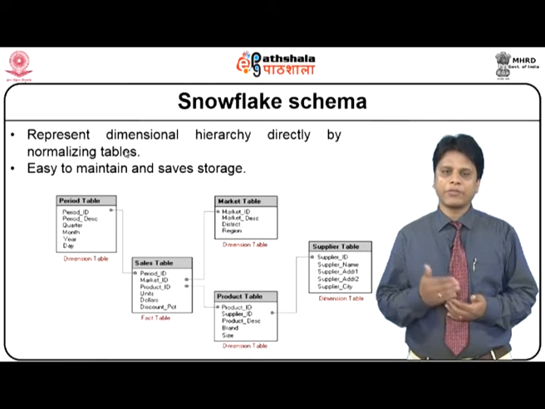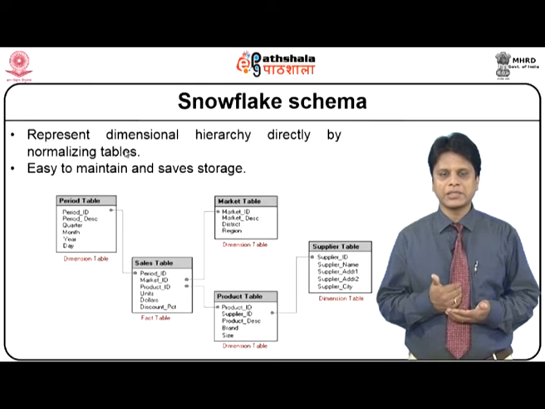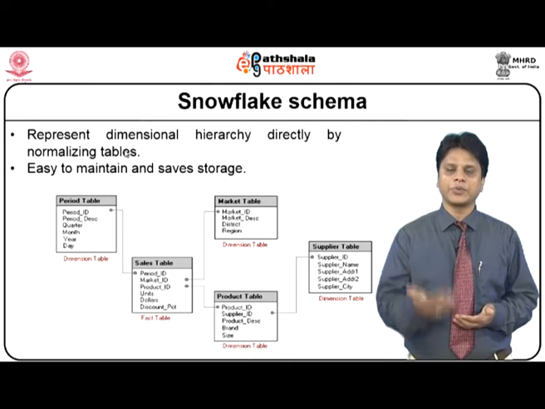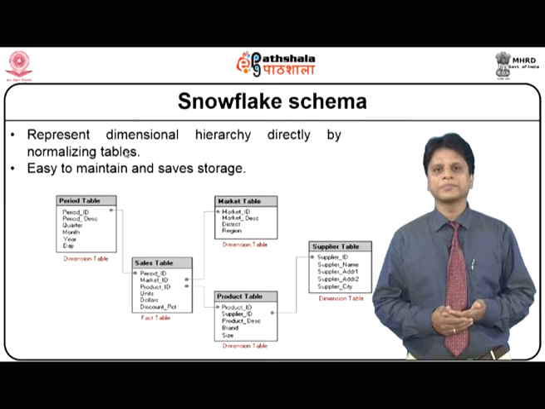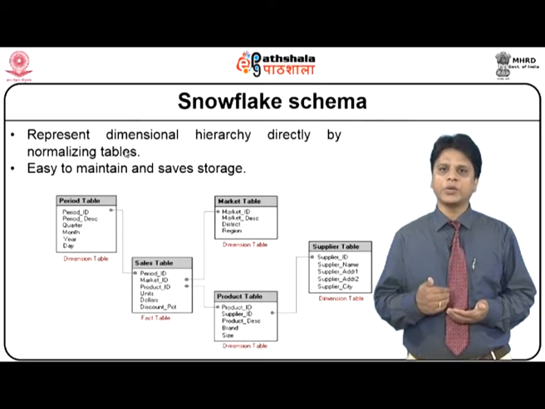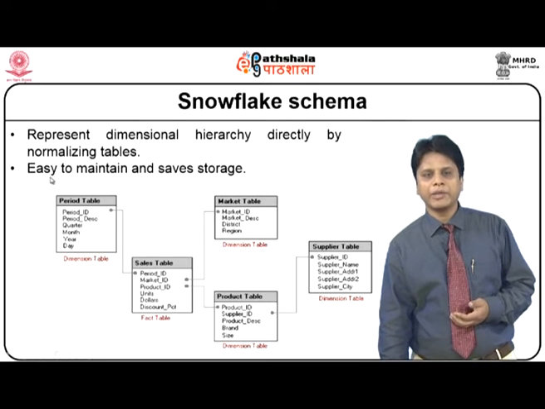Mostly, as I have already mentioned, we will be dealing with denormalized formats, but at times, if data are to be presented in a structured, very understandable format, then we may have to produce all the data in a normalized way. So this will be easy to maintain and this saves a lot of storage space.